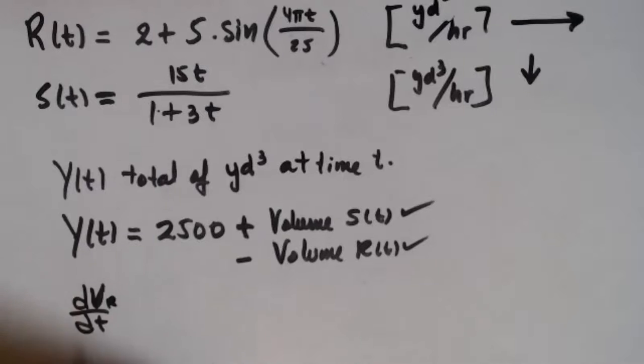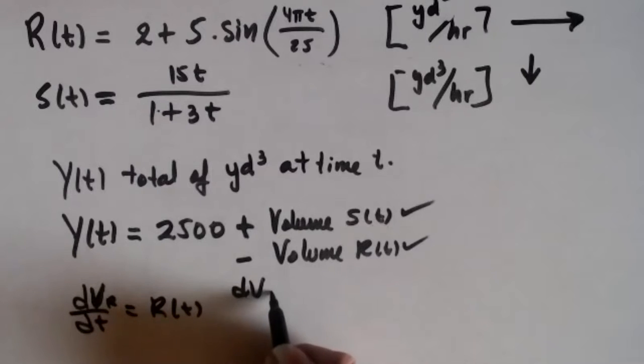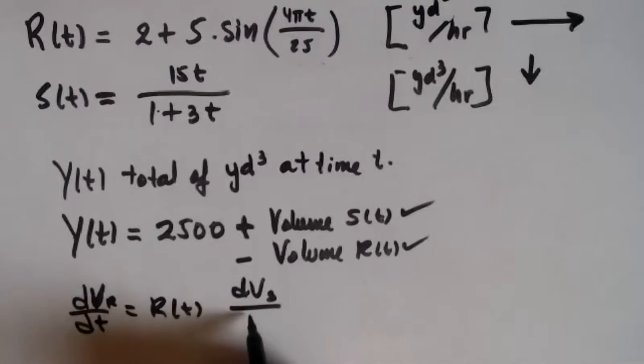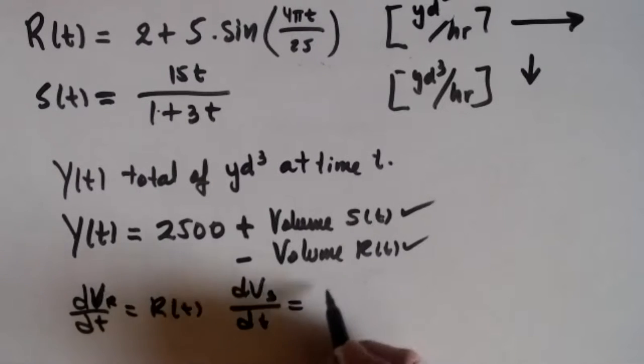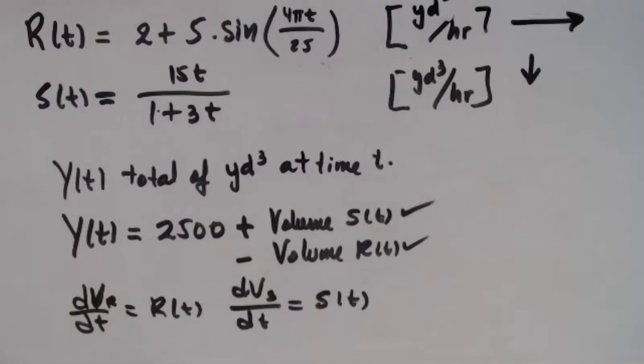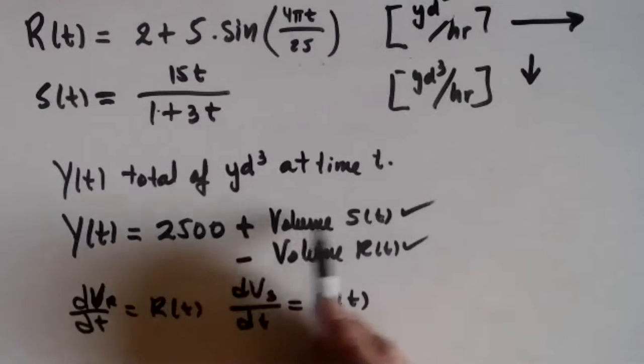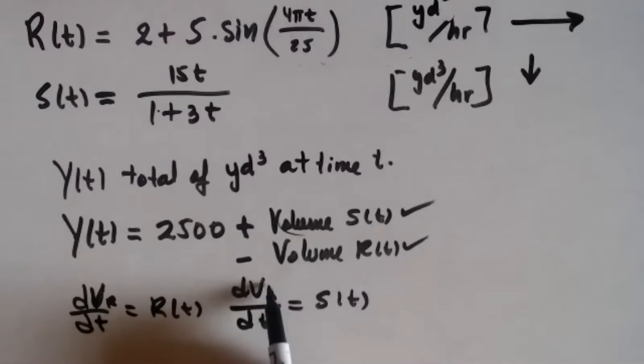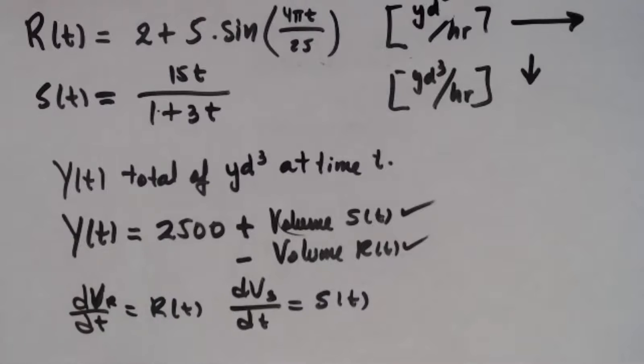So dV/dt equals R of t, and then I have dV_S/dt equals S of t. So this volume is going to be this one, V_S, and this volume is going to be this one.